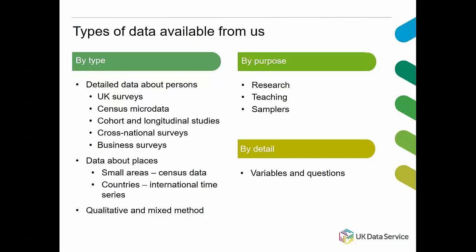Then we hold data about places, data about small areas in the census data, or information about countries in the International Time Series data. And finally, we have up to 3,000 collections of qualitative and mixed method data.